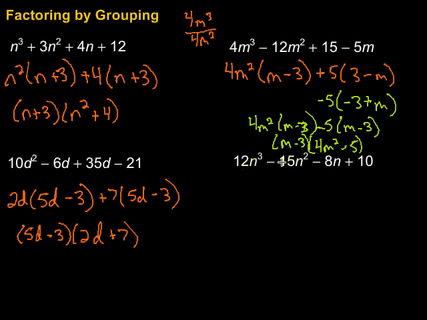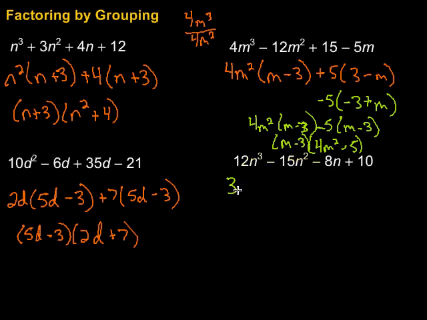In this one, we've got 12m to the third, 15n to the second. What do they have in common? Let's see. 12 doesn't go into 15. Let's make our way down. 6 doesn't. 4 doesn't. How about 3? Sure enough, 3 will come out of both of those, so I have 3 there.